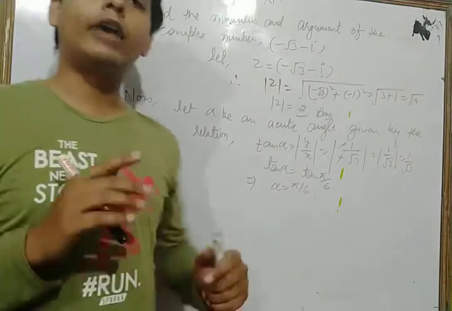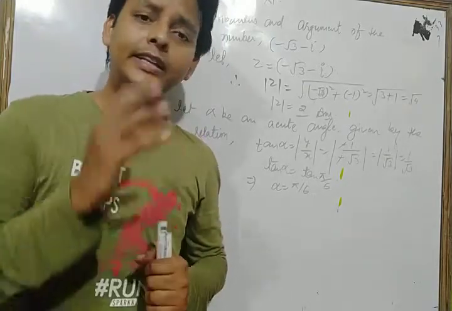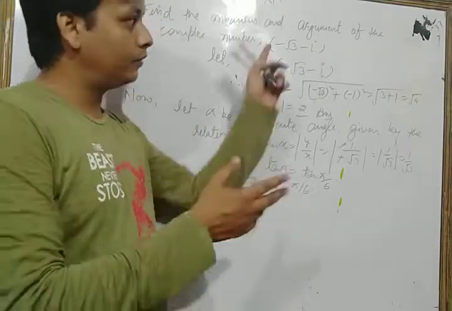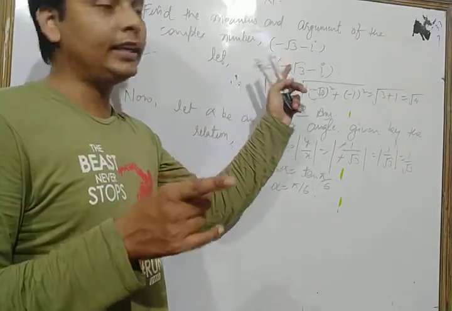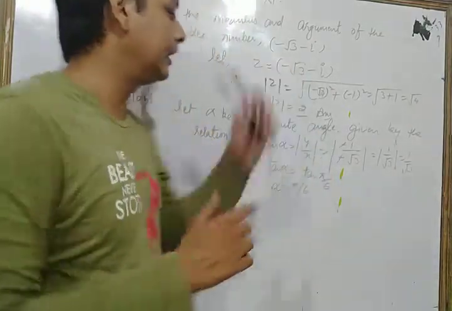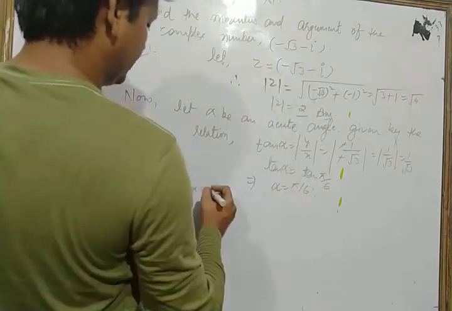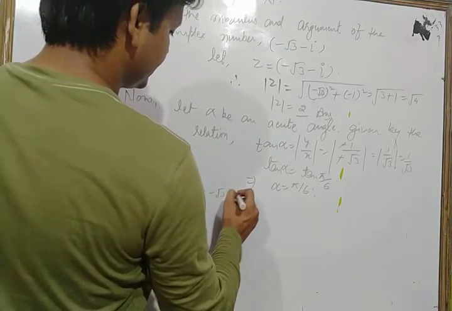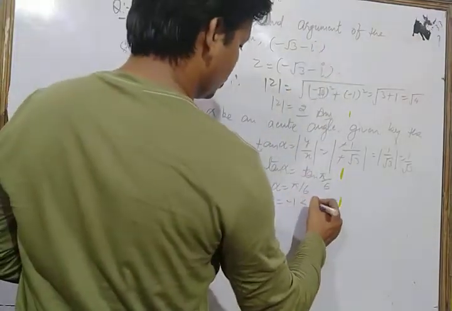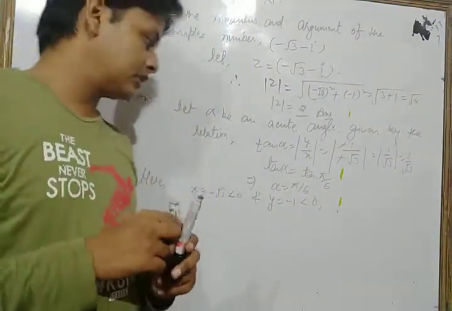Now after finding the value of alpha, dear students, we observe in which quadrant the point lies in the Argand plane. Here the value of x, that is minus root 3, is less than 0, and also y, which is minus 1, is less than 0.